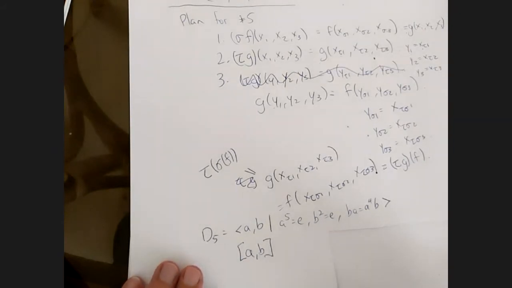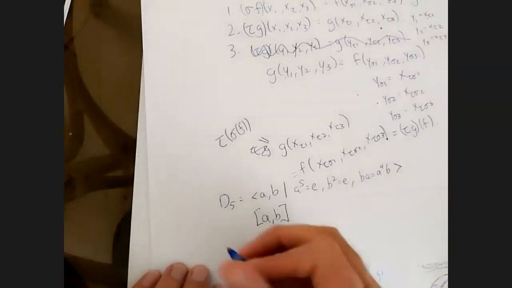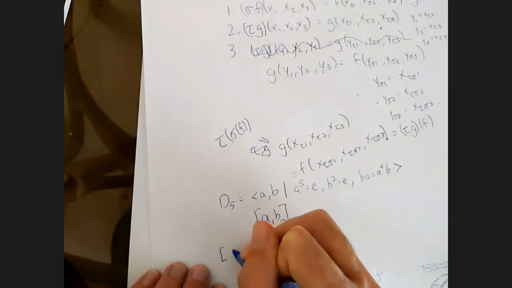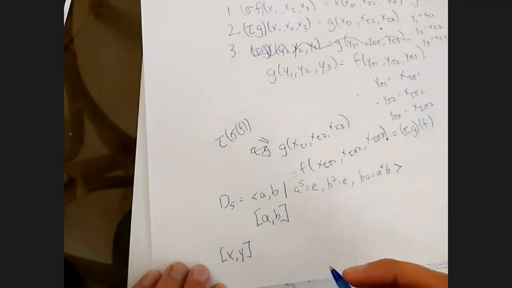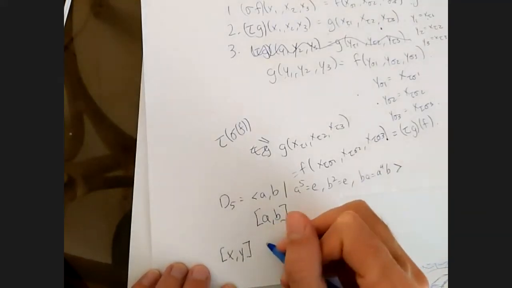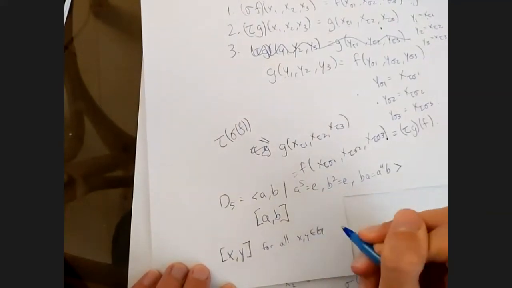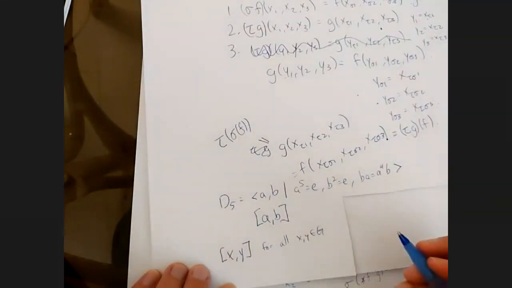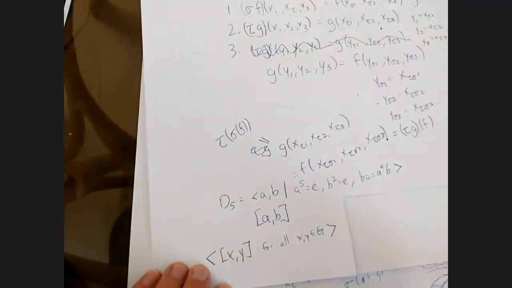Let me tell you about it in general, and then I'll tell you about this question specifically. In general, you should compute commutators of X and Y for all X and Y in the group, and then take the subgroup that they generate.